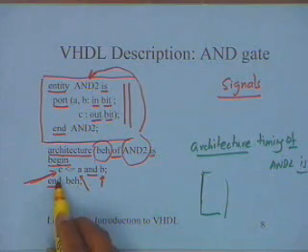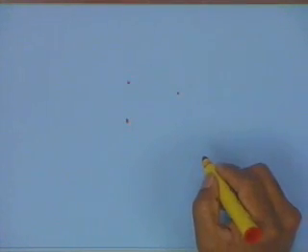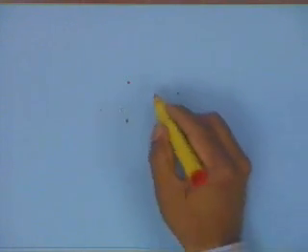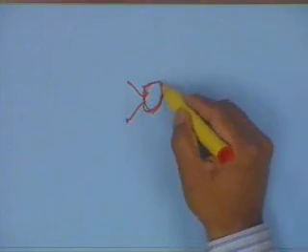When I say C is assigned A and B, what it implies is you have to think in terms of 3 nodes in your circuit. And this is a box which is actually called the driver.